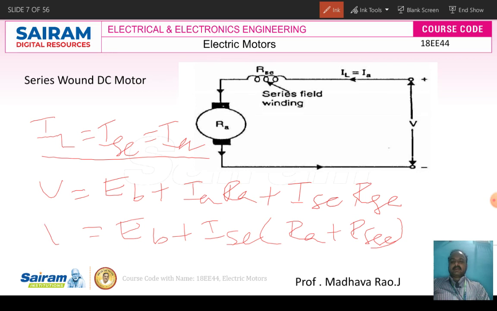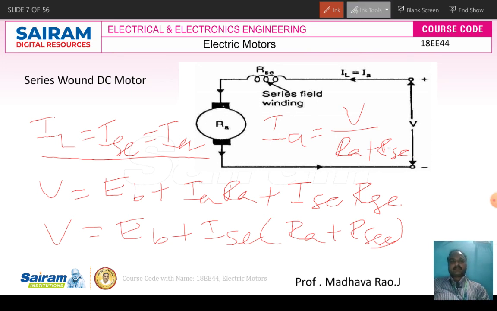So this is the terminal voltage equation. Here IA is equal to V by (RA plus RSC). So the armature current, line current, or series field winding current is equal to V by (RA plus RSC).